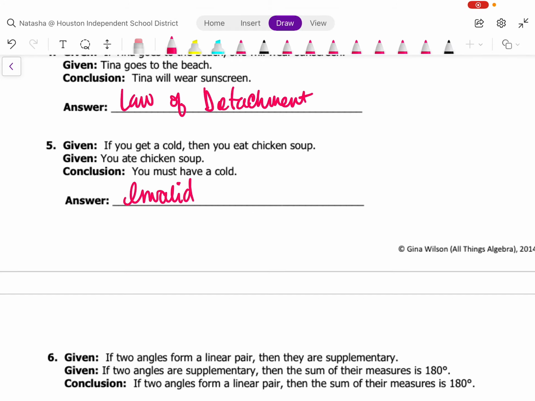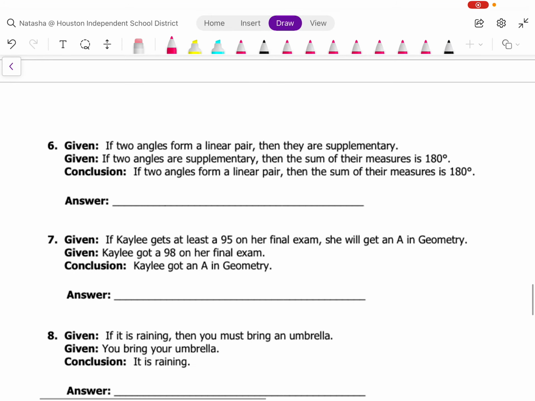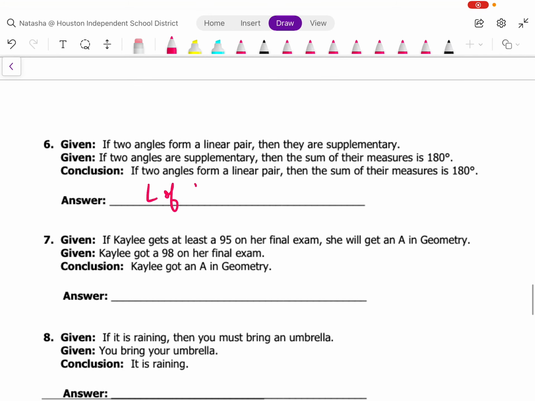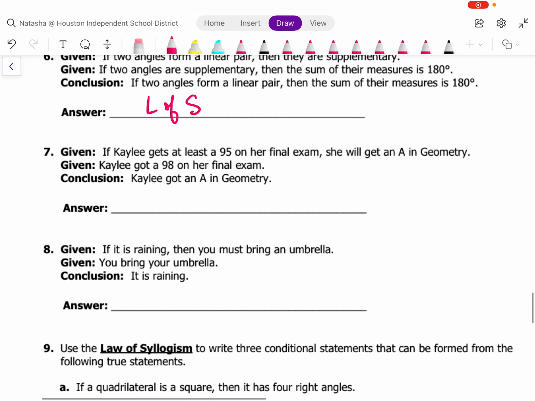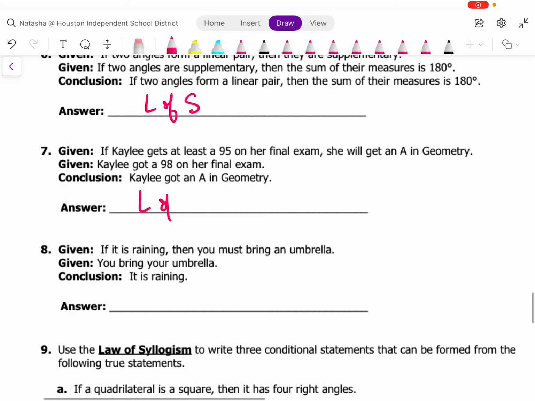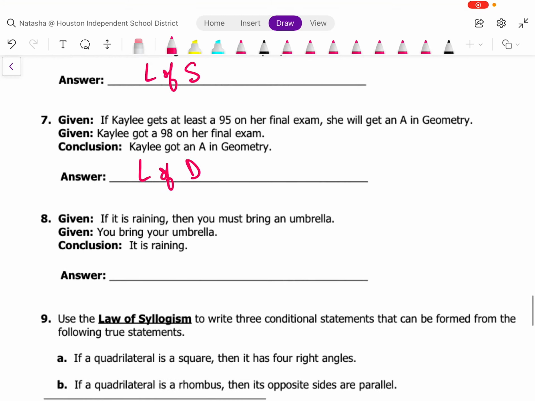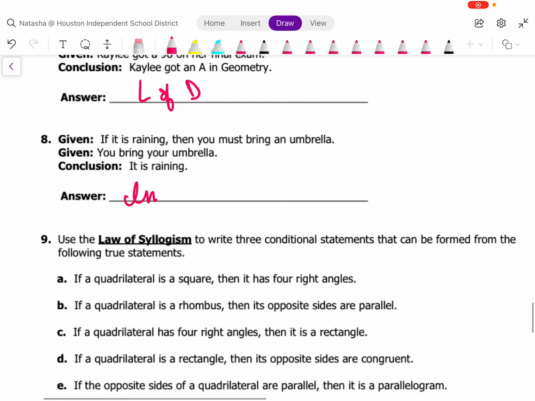Number 5 should have been invalid. Number 6 should have been law of syllogism. I'll just put L of S. Number 7 should be law of detachment. I'm going to put L of D. Number 8, you should have gotten invalid.